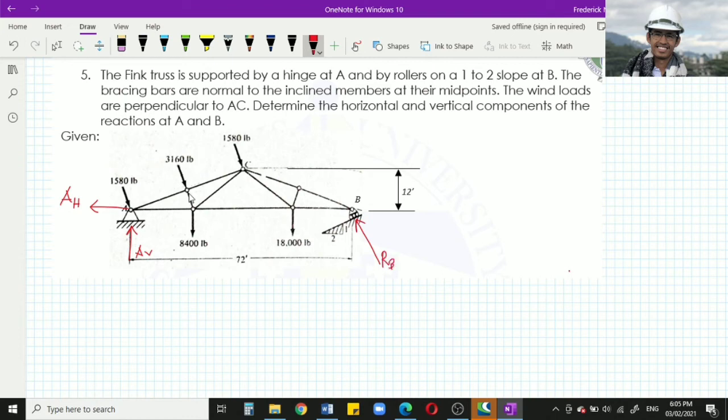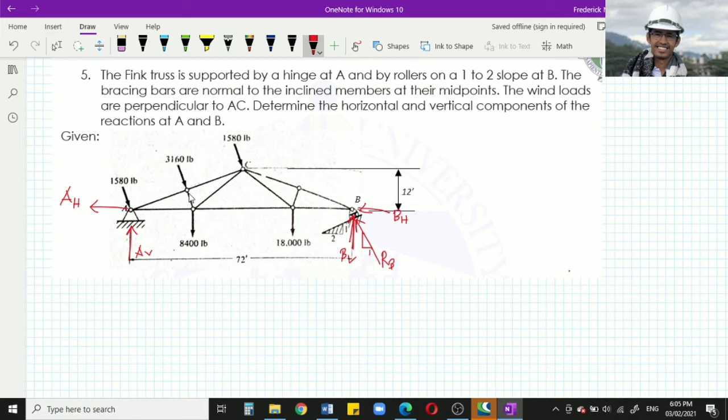Okay. So to get yung components nitong ating resultant ng RB, meron tayong vertical force na nag-act din dito. So let's call this BV. And horizontal force nag-act din dito, that will be B horizontal. So yung slope ng RB natin will be the same kasi perpendicular siya sa ating incline.